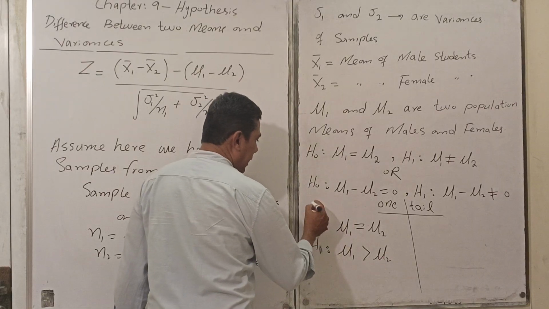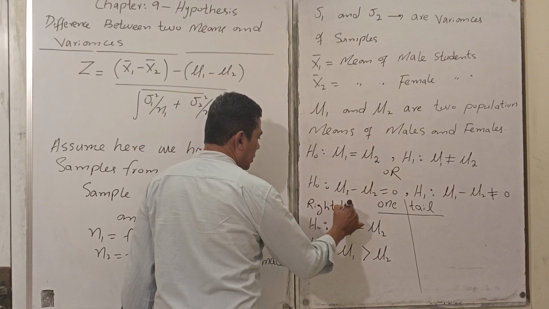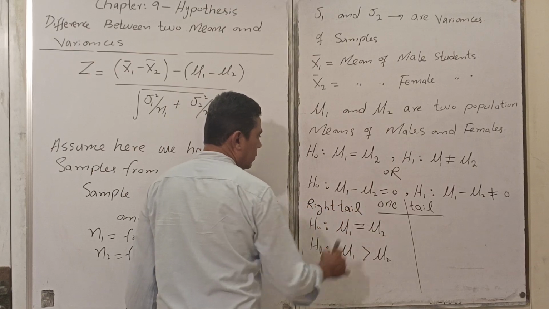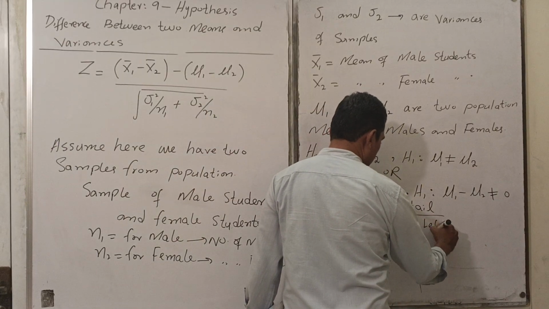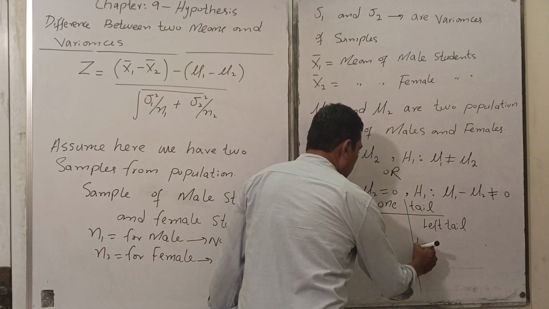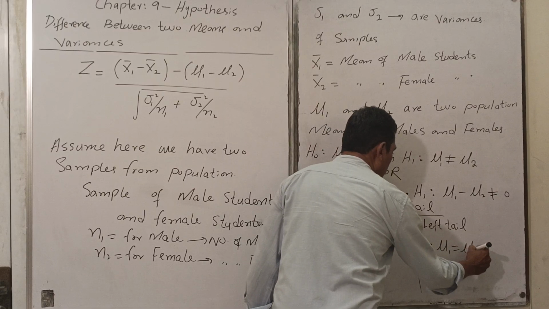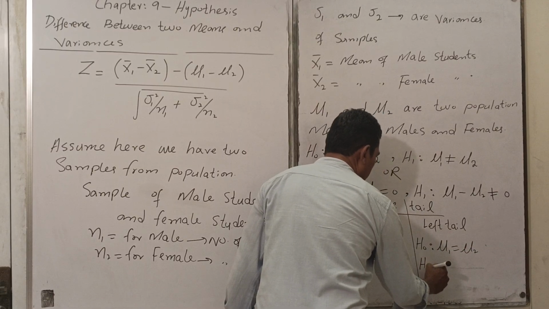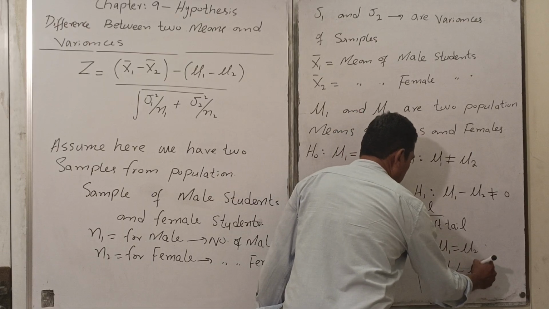Okay, it is the right tail. What about the left tail? Again H naught mu1 equal to mu2 and H1 mu1 less than mu2.